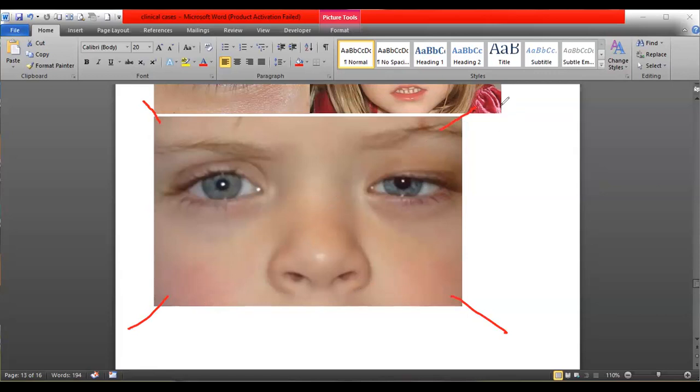We'll move our finger to assess the field of vision. Suppose in this area the child is having difficulty in vision. I am able to see this field of vision, but the child is not able to see it.